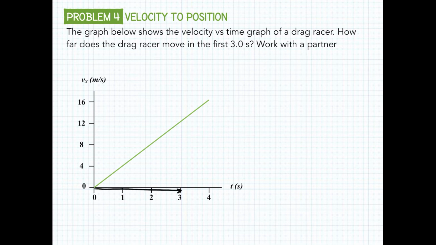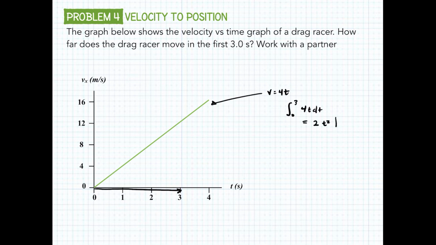So we want to go from here to here and take an integral. So whether you set up the equation of the line, and what would the equation of the line be? 4x. 4t, right? Because y is x and x is t. But 4t, integrated from 0 to 3 should give you 18.